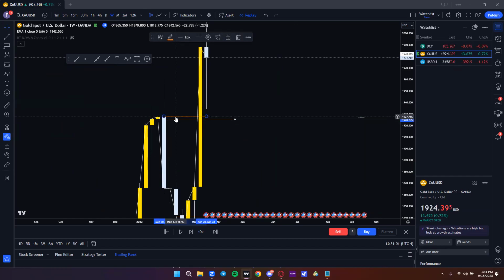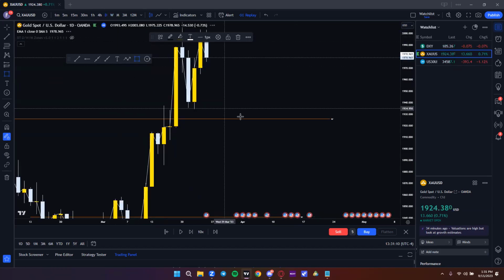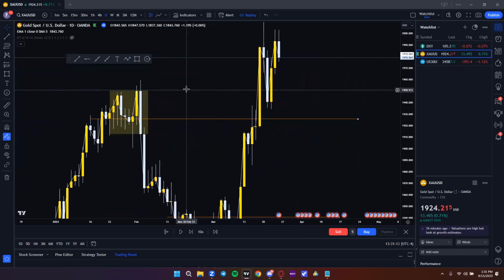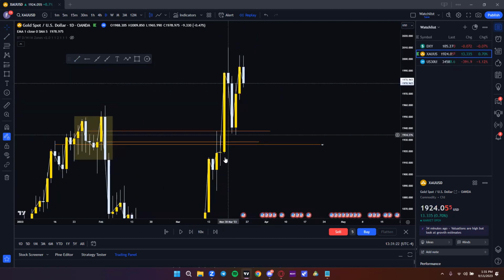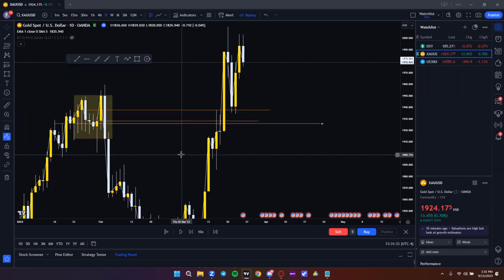Take this out. Weekly level, inside the weekly level is daily. So this and this, pullback, breakout, pullback into our breakout level, and then we take the buy.